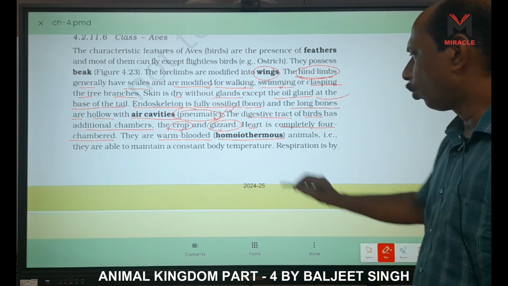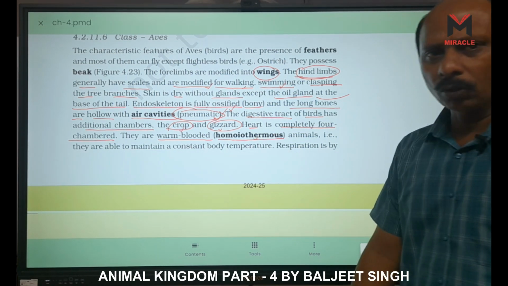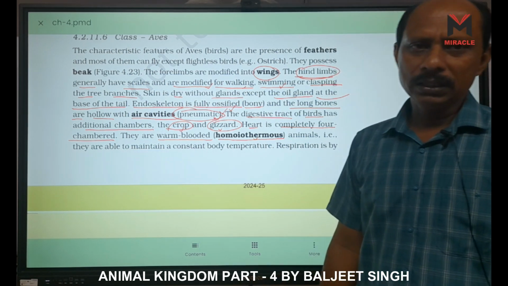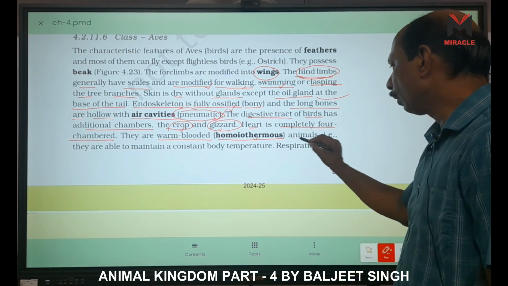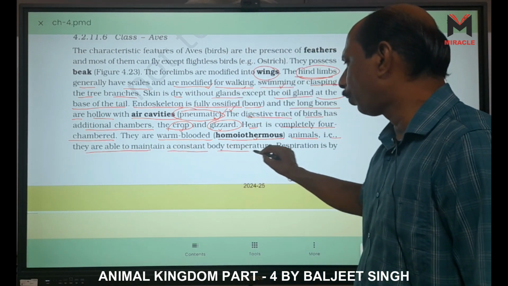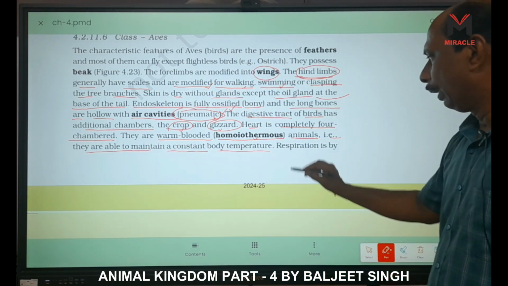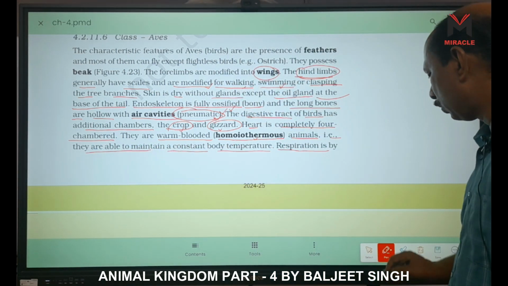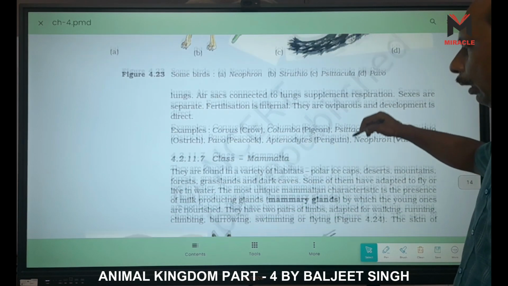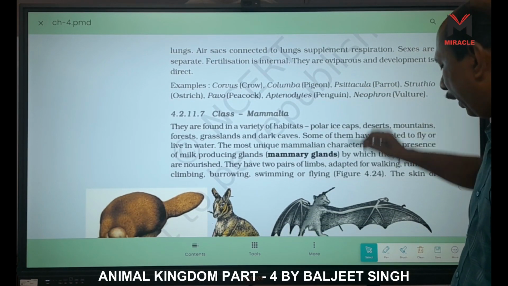Only two classes are homeothermous: aves and mammals. Respiration is by means of lungs, that is, pulmonary respiration.